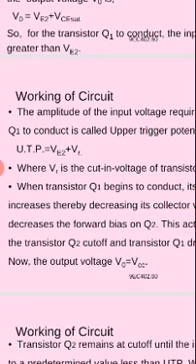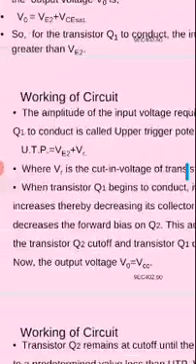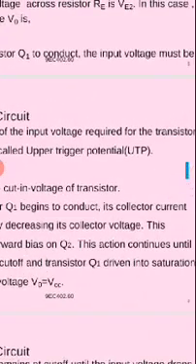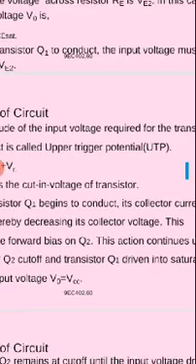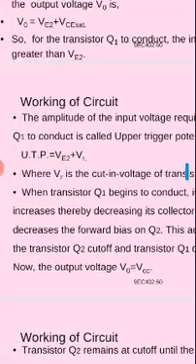Working of circuit. The amplitude of the input voltage required for the transistor Q1 to conduct is called the upper trigger point, that is UTP.